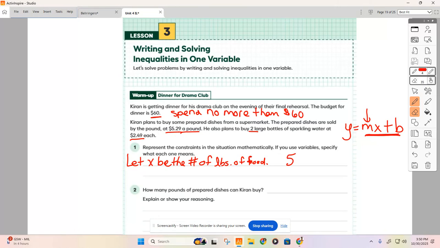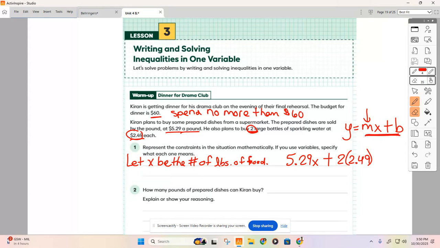So 5.29 times X, because X represents the number of pounds. Plus, I also have an additional fee. 2 large waters at $2.49 each. That's my beginning amount. Before I figure out the variable, I have to do that beginning amount.